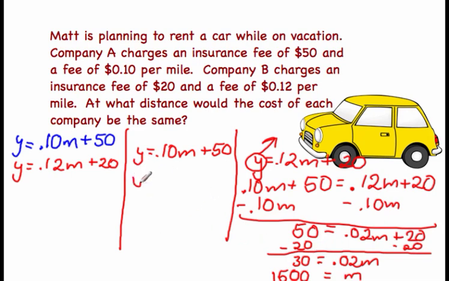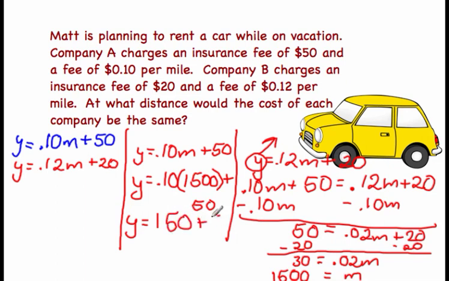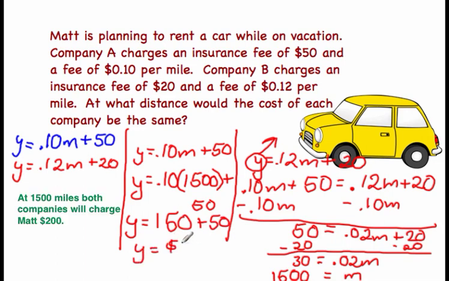So y equals 0.10 times 1,500 plus 50. That's going to be $150 plus 50. So both companies would cost $200 if you drove 1,500 miles.